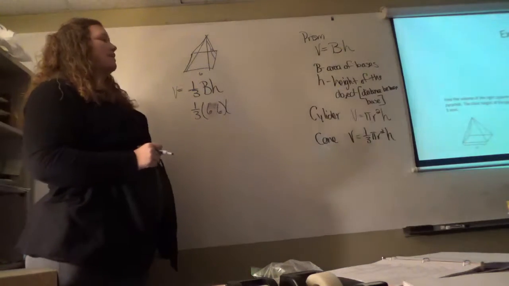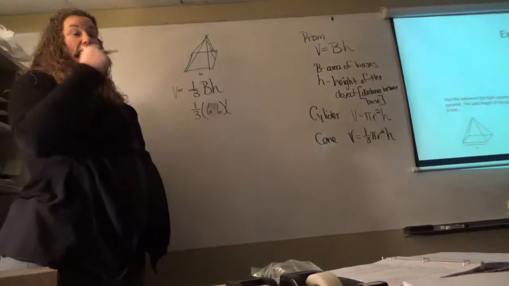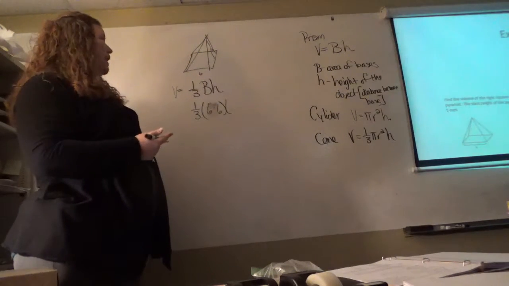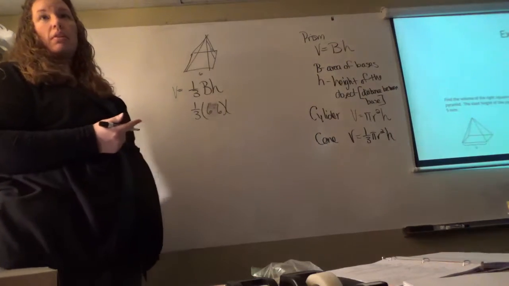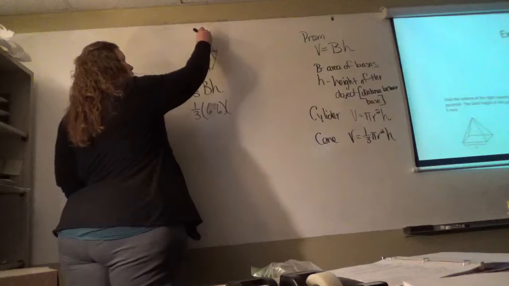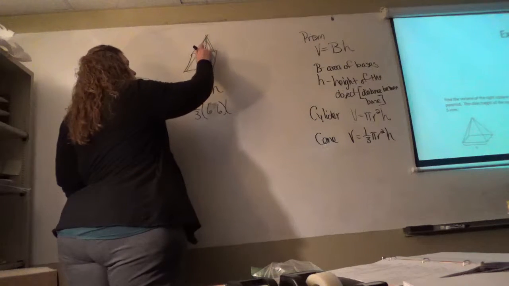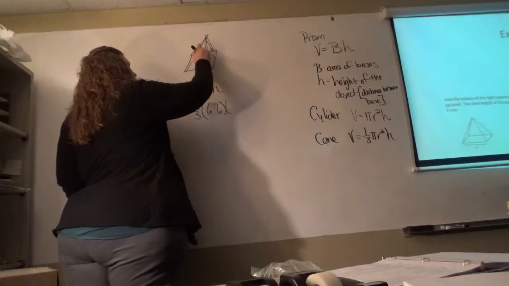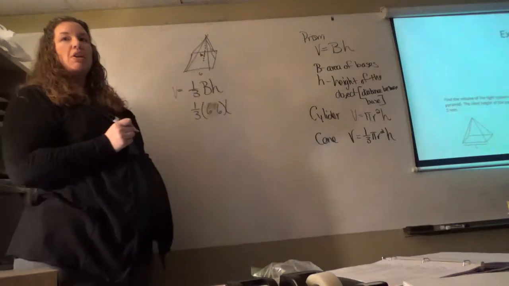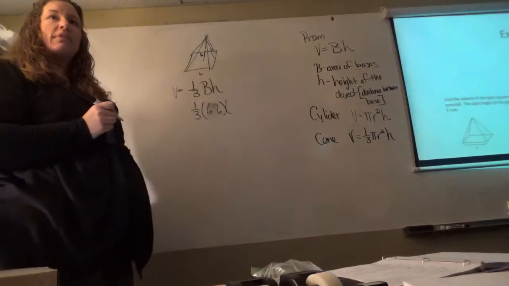Do we have the height of our pyramid? No. We have a slant height, and we have the bottom of the pyramid. Where's our height at if I had to draw it in? From here, straight down. That's my height. What are you going to do with that? Pythagorean theorem.